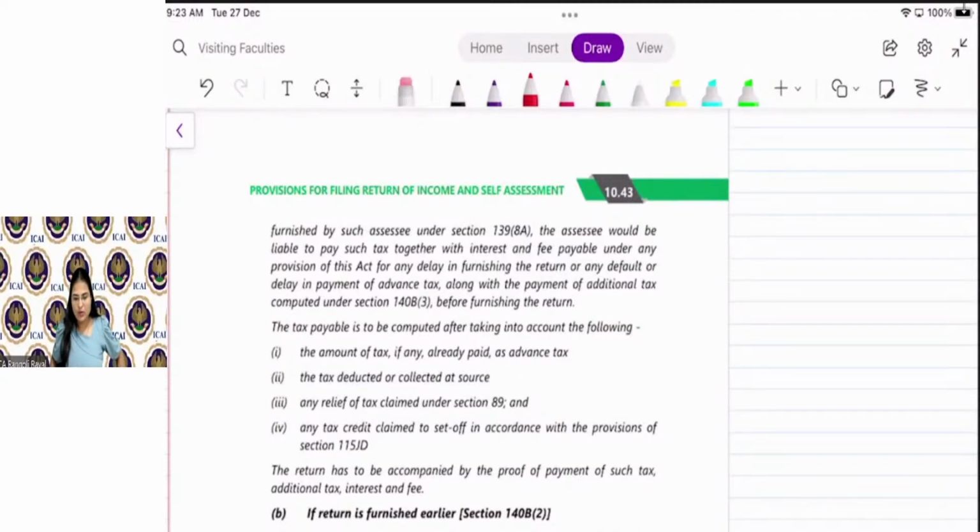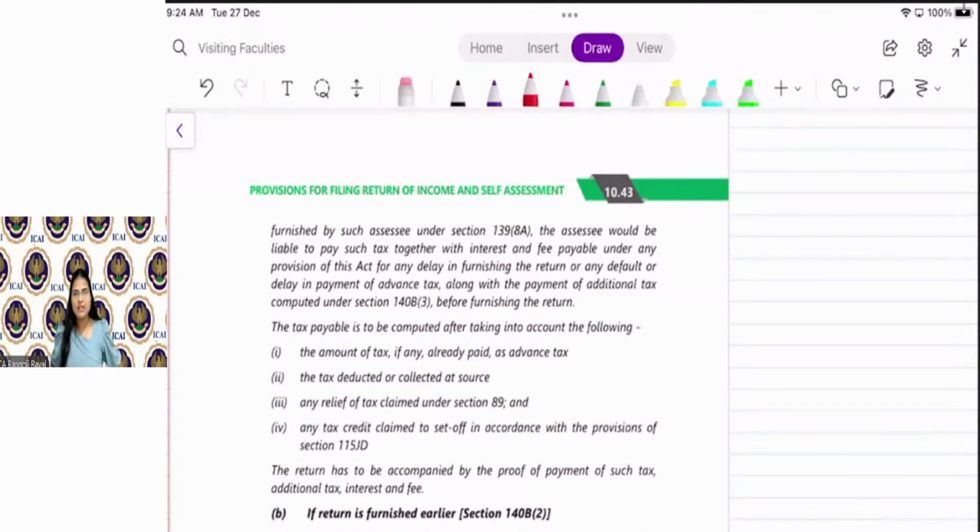It is not the case that because you are filing updated return, you are exempt from payment of interest or late filing fees. No, you have to pay interest, you have to pay late filing fees. For any delay in furnishing the return or any default or delay in payment of advance tax. So if you are filing updated return, you have to pay interest from the due date of filing of return of income to the date of filing of updated return. So the interest is very huge, my dear friend.